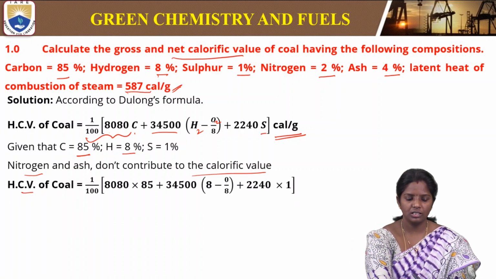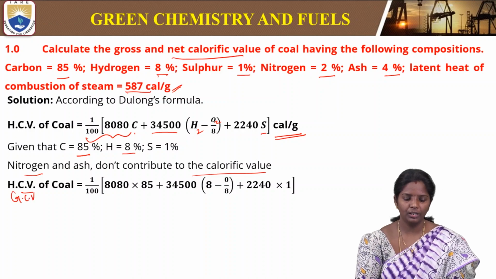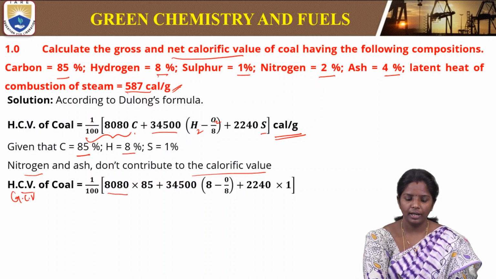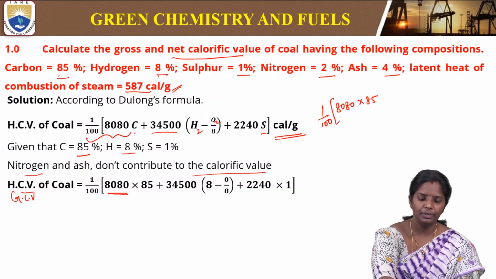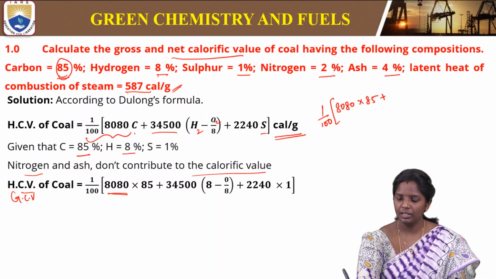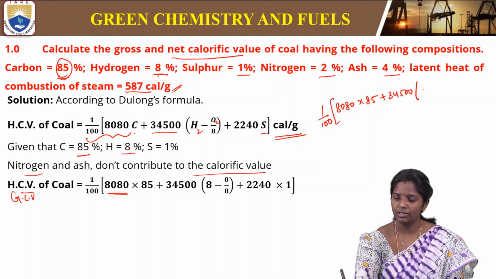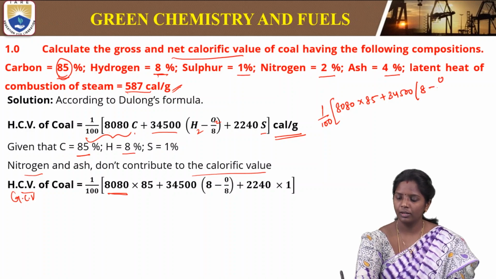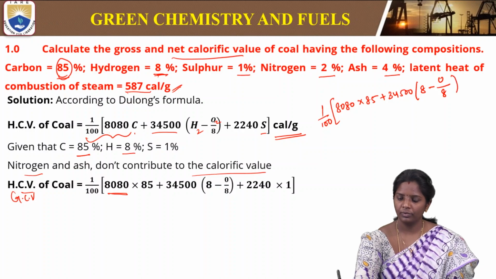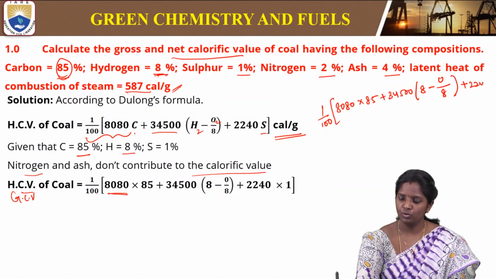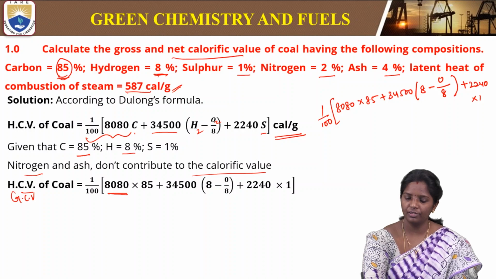The HCV or the GCV of coal can be given as 1 by 100 into 8080 into 85, that is the carbon present, plus 34,500 into the hydrogen, which is 8, minus oxygen, which is not given here, plus 2240 into 1, as sulfur is 1.